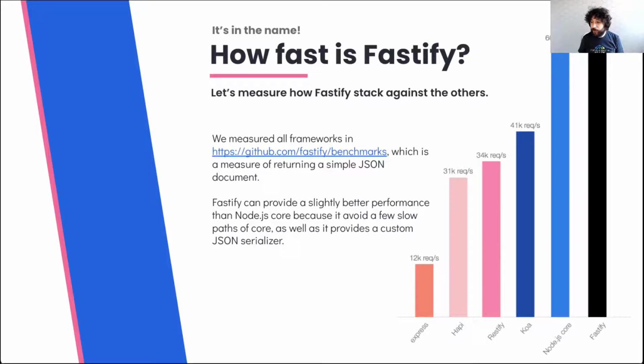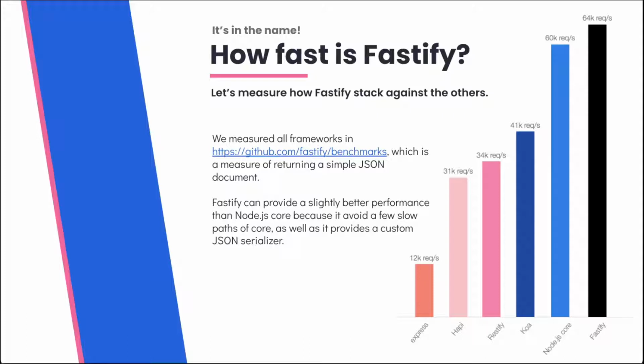One nice thing to chat about is how fast Fastify is, because it's called that way, and I wanted to clarify that Fastify is fast enough. It does not provide a significant slowdown compared to Node core. In certain cases, it's actually slightly faster than Node core because it can avoid certain paths that are not great.